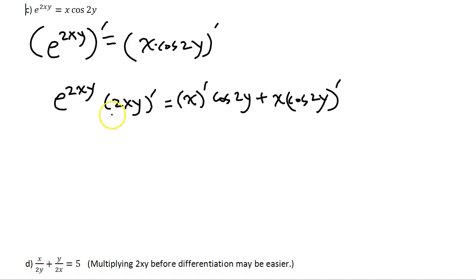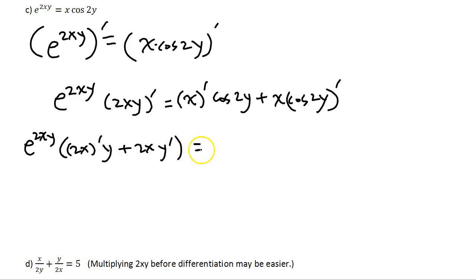Alright, this one is again a product of two functions, so let's apply the chain rule. 2x prime y plus 2x y prime. x prime is 1, and for cosine 2y, by the chain rule, cosine differentiates to negative sine, but the inside function has to be pulled out and differentiated. If you differentiate 2y, you get 2y prime.